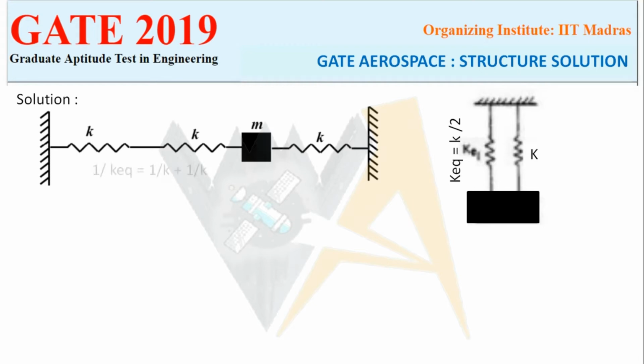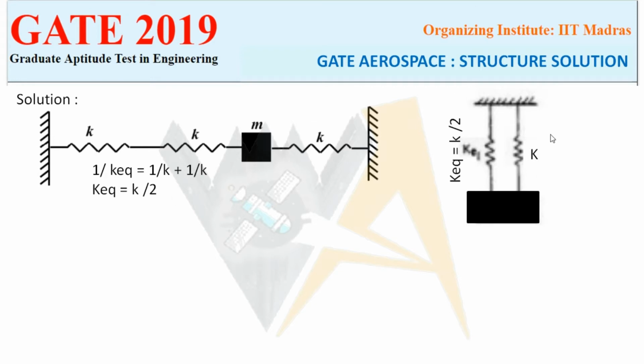We can see the figure. This figure can be resolved. These two k values are in series. So we can find this using 1 by k equivalent equals 1 by k plus 1 by k. So we get the equivalent of this spring system, k equivalent equals k by 2.